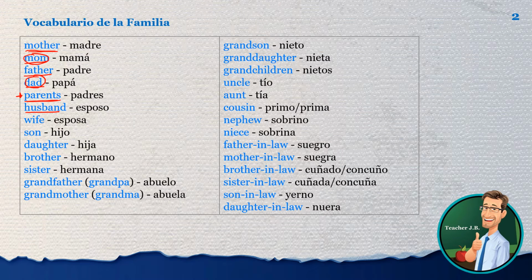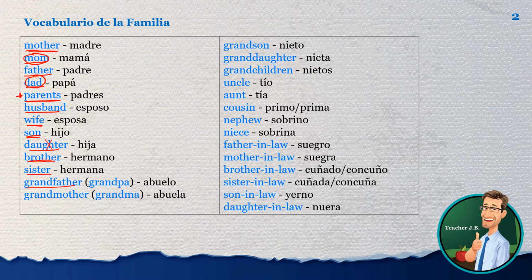Husband, wife. Son, daughter. So this GH is silent. Daughter. Brother, sister.